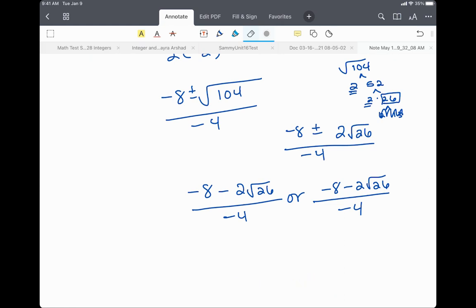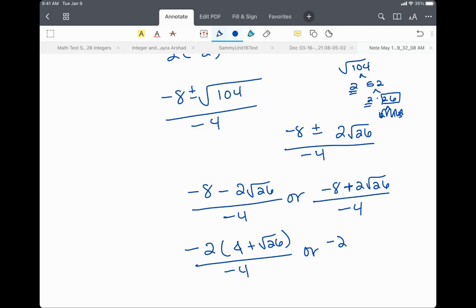Okay, so then on the first one, I can factor out a negative 2, leaving me with 4 plus the square root of 26 all over negative 4. Oh, I forgot to put a plus there, sorry.